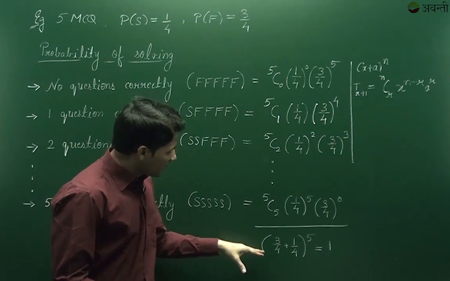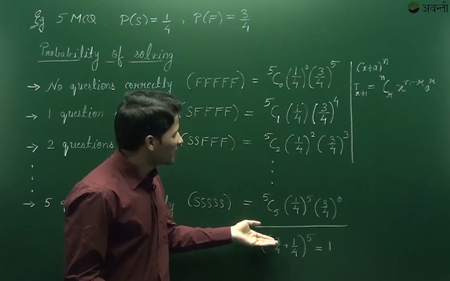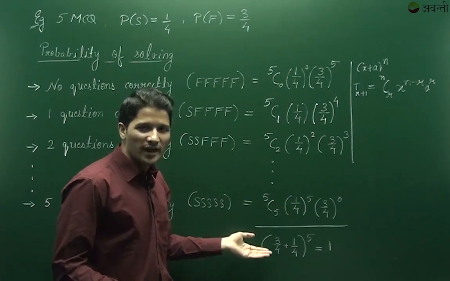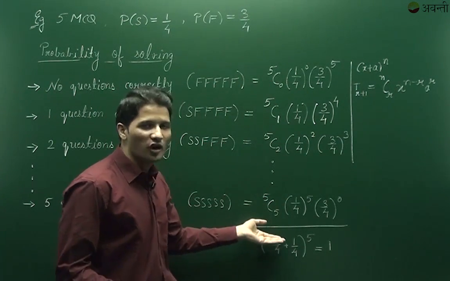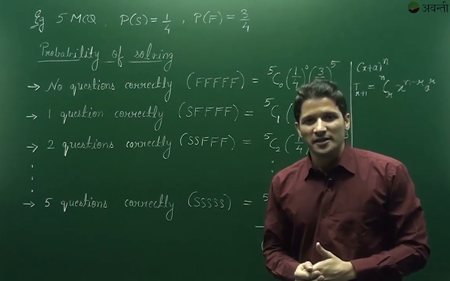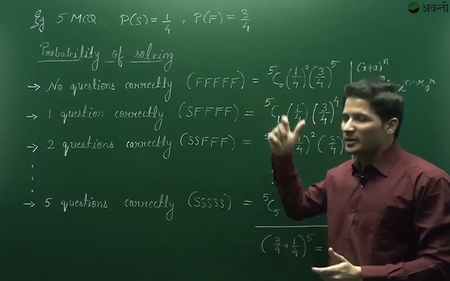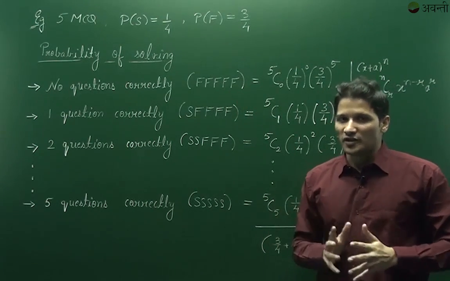Now we know that 3/4 plus 1/4 is equal to 1, and from here we can say that the sum of all these probabilities equals 1, and this is the binomial distribution of all these probabilities. So in binomial distribution for the probabilities, we can represent each case with a particular term of a binomial expansion. So this was a particular case of binomial distribution.